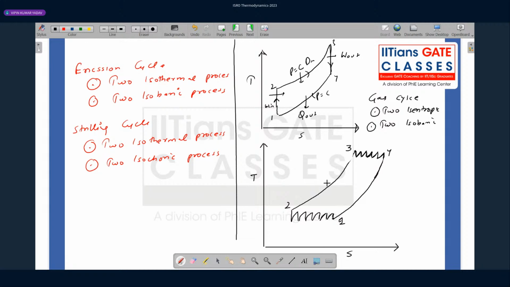So this is your isobaric processes, as you can see in the above graph. But now these isentropic processes: 3 to 4 is at higher temperature, so it is converted to an isothermal process. This one at lower temperature is also converted to an isothermal process.